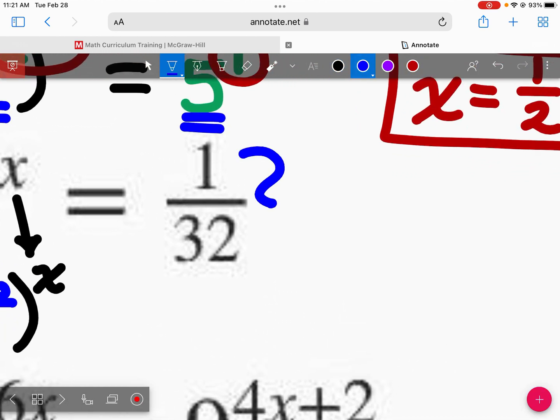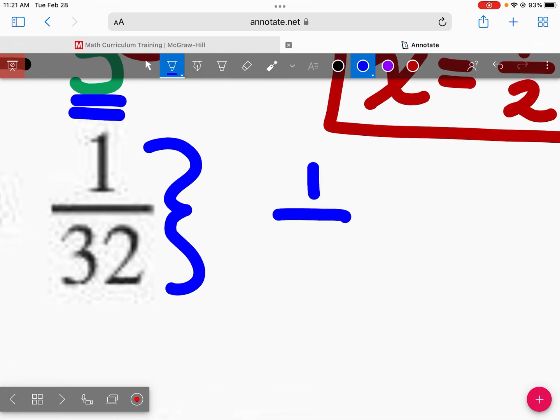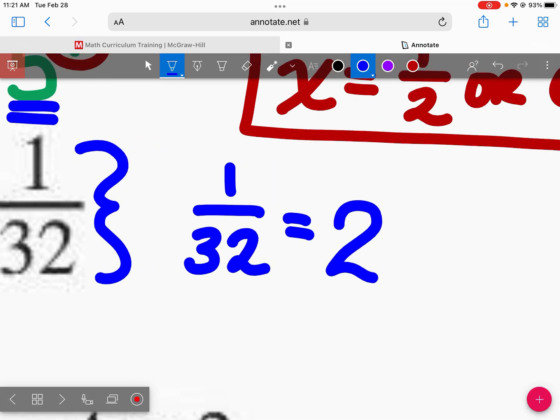What about this guy over here? 1 over 32. What do you know about the exponent if it's 1 over something? Has to be a negative. So 1 over 32 is equal to 2 to what power? You said you know it has to be a negative power. Grab your calculators.